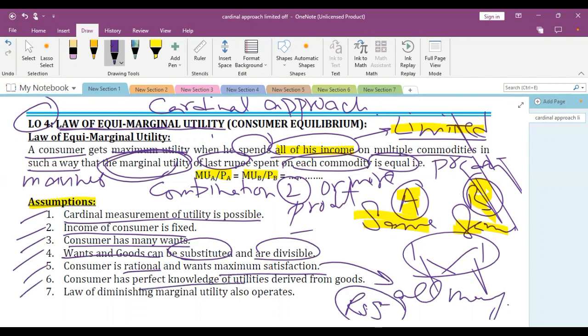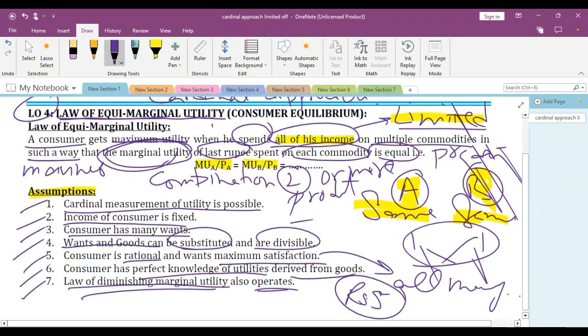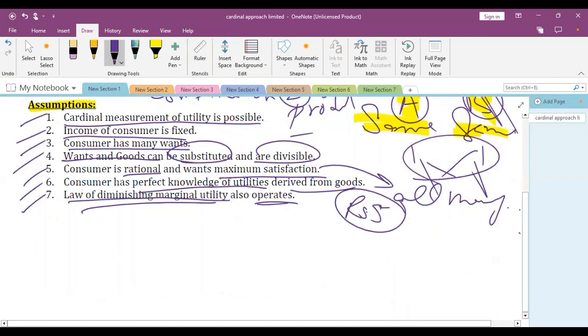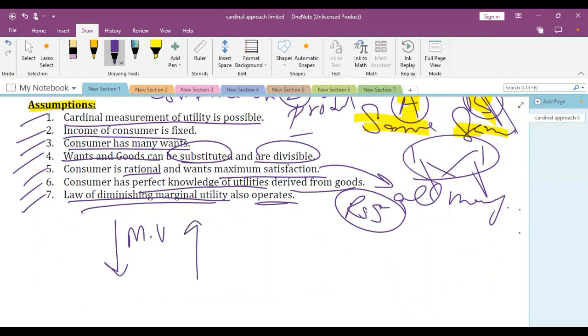Consumer has perfect knowledge of the utilities derived from different goods, means he knows the market where to purchase his product or where to save his money. And the last assumption is that the law of diminishing marginal utility is also operational, that the satisfaction level or utility obtained from different products is going to decrease with subsequent consumption. Marginal utility decreases with increase in consumption.